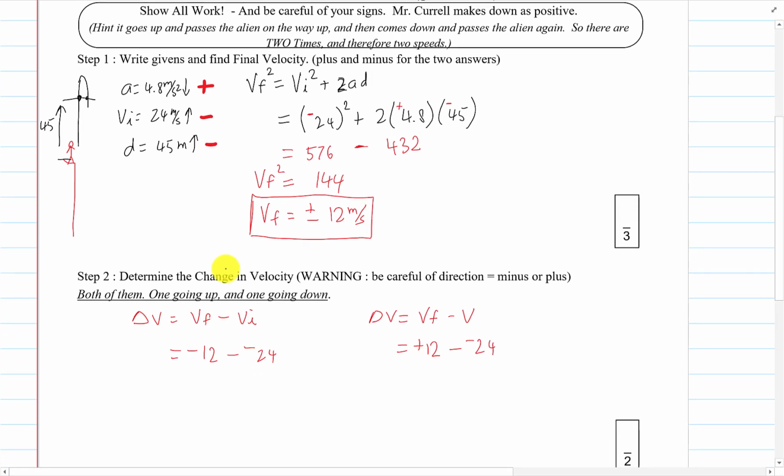So the end result is, we have to minus a negative, we're going to be adding a positive, and this is going to be negative 12 meters per second. So the negative 12 means 12 meters per second up.